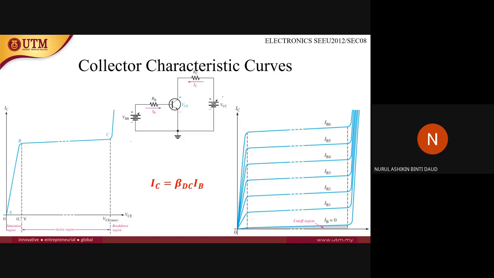Same for VCC. Assume the VBB here is set to produce a certain value of IB. It means the voltage is set to a certain level, so that the current IB also flows at a certain value.